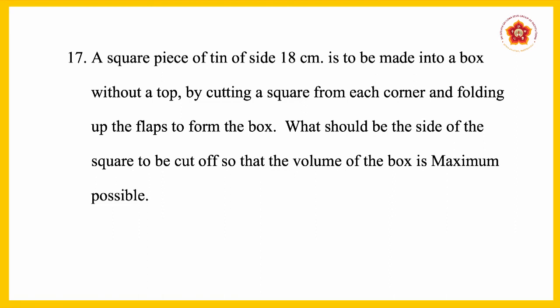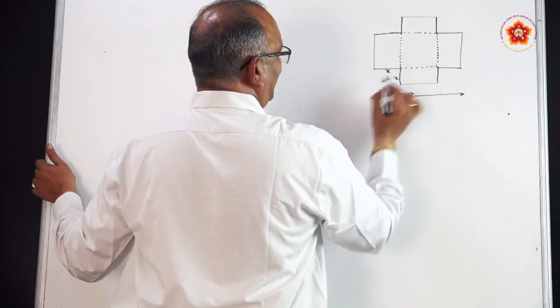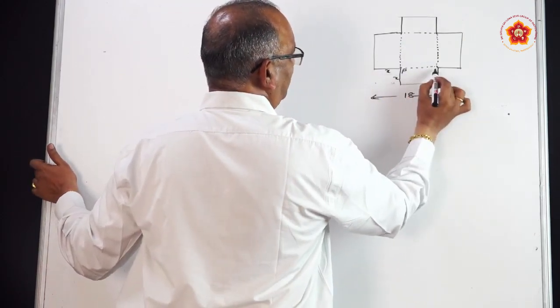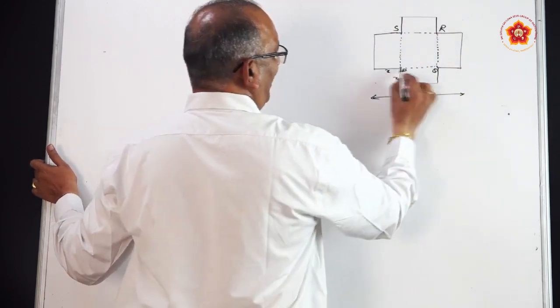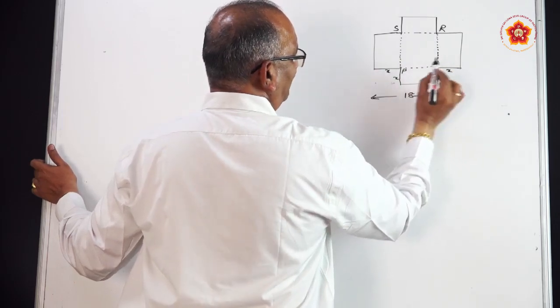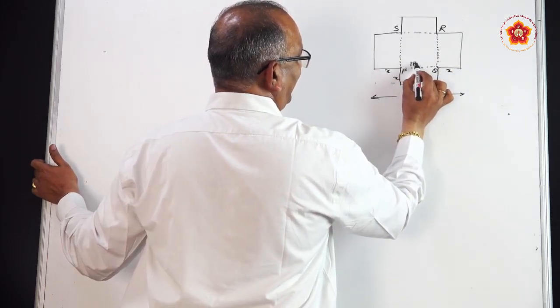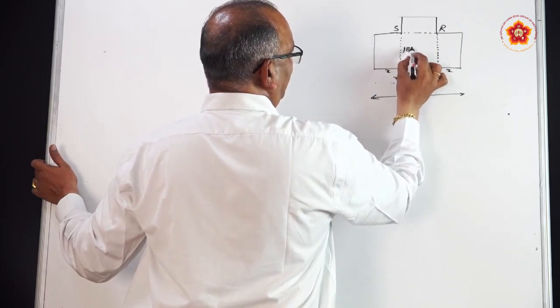What we did? We cut off x. So what will it become? Let us say now, PQRS is the base of the box. If it is so, what will be PQ? Total was 18, from both sides we have cut off x, so it is going to be 18 minus 2x. Same is the case with this side, 18 minus 2x.